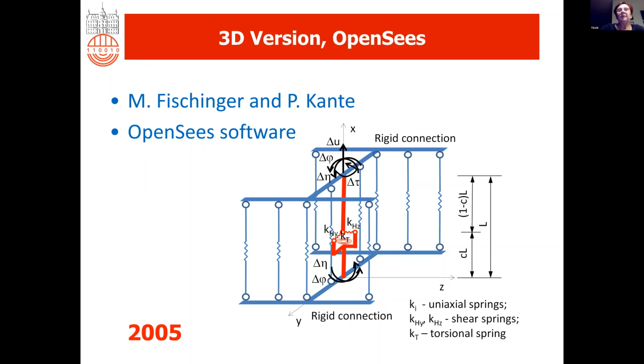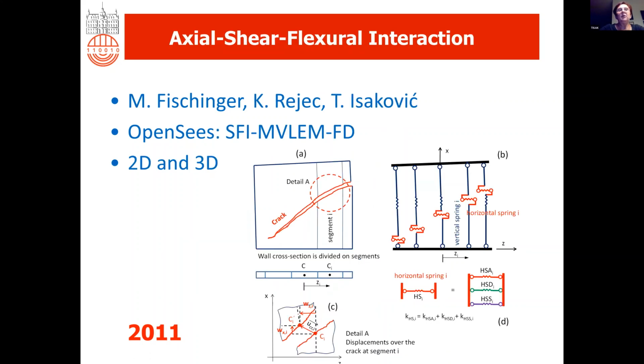This was the first extension, and in 2011, the more complex version was defined, which enables the coupling of axial, shear, and flexure interaction to be taken into account.